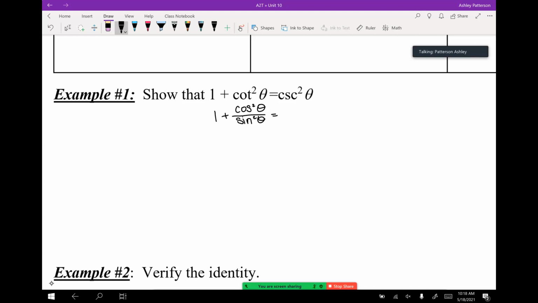Okay, I'm choosing to work with the left side. I rewrote cosine squared theta over sine squared theta, and I did this in the hopes of trying to combine the 2 terms. Well, here I see that I could get common denominators. So I'm going to write 1 as sine squared theta over sine squared theta plus cosine squared theta over sine squared theta.